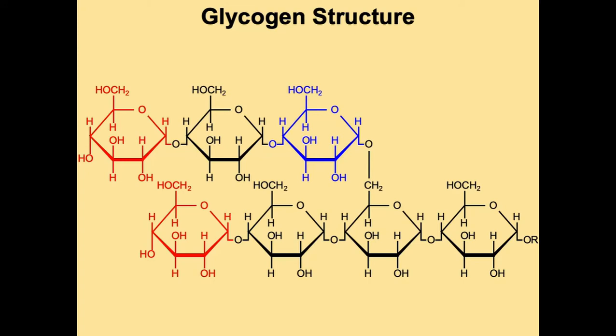So here is an overview of the structure of glycogen. In the linear linkage we have the alpha 1 to 4, and of course this 1,4 refers to the number of the carbon atoms.